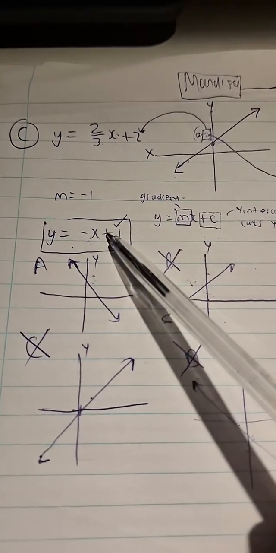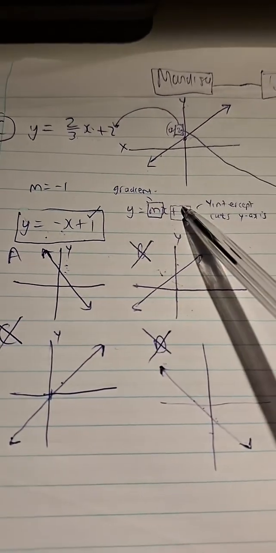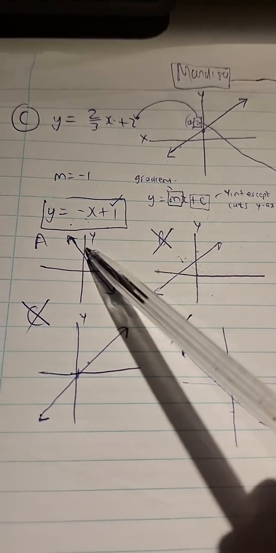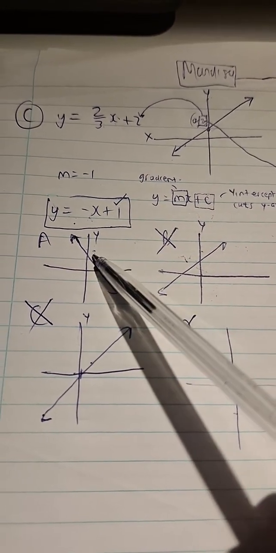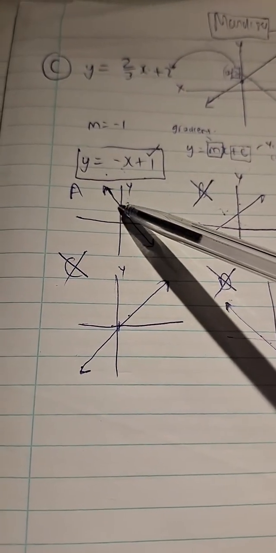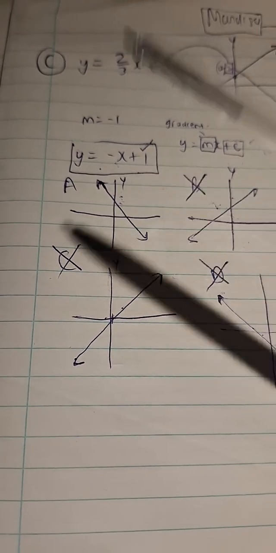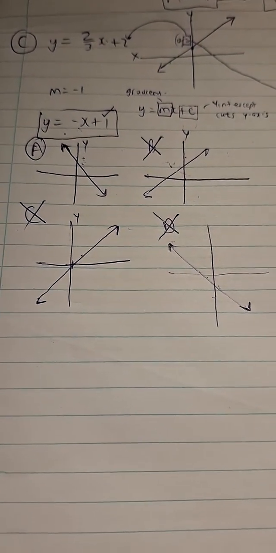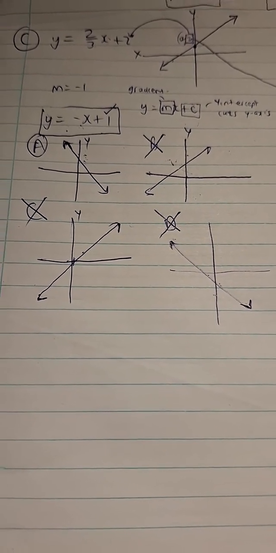But because the C value is a positive value, that means my y-intercept needs to be on the positive y-axis, not on the negative y-axis. Because here, this is a negative value that the graph is cutting through. But here, the value that the graph is cutting through on the y-axis is a positive value. So that means A is the option that is correct. Okay? Very straightforward and to the point.